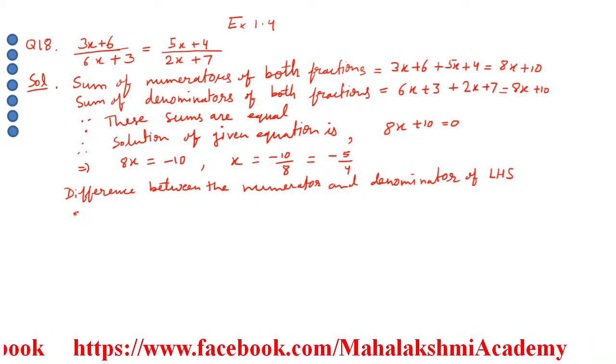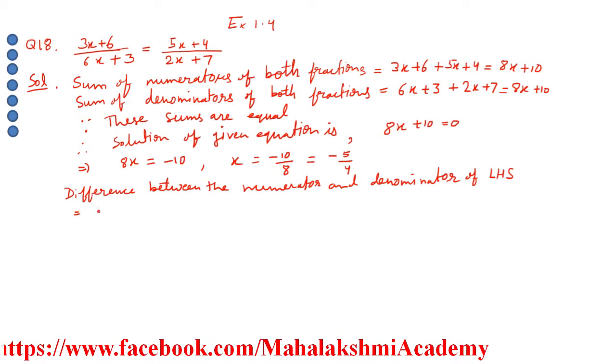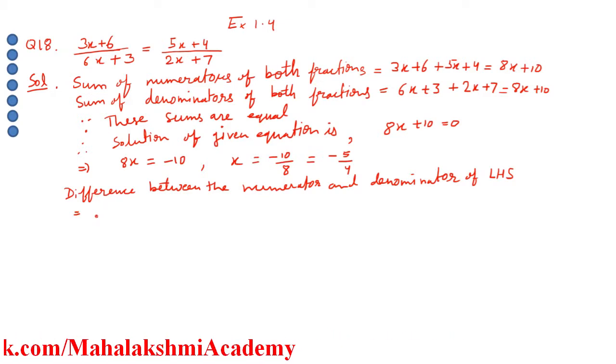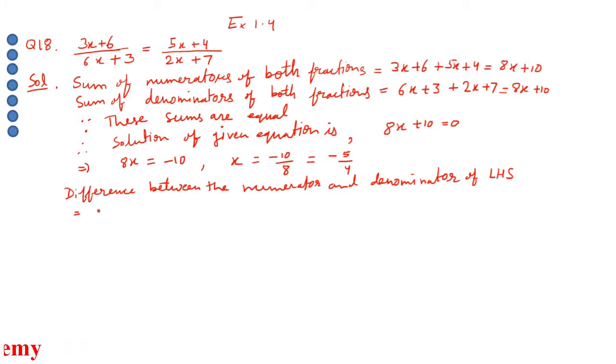When you want to find the difference, you can subtract numerator minus denominator, or you can subtract denominator minus numerator. It's not a problem. Here I am subtracting denominator minus numerator, that is 6x plus 3, then minus 3x plus 6.